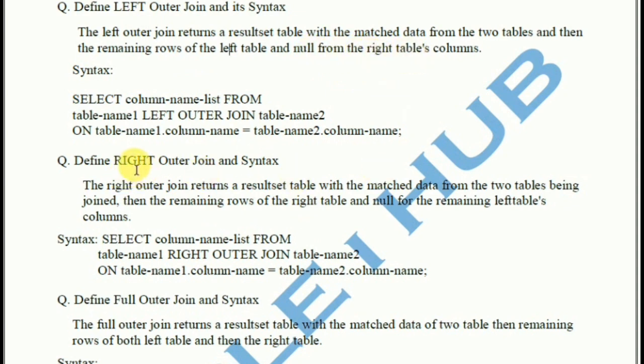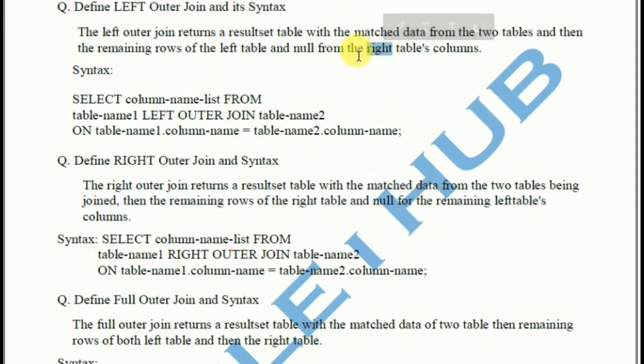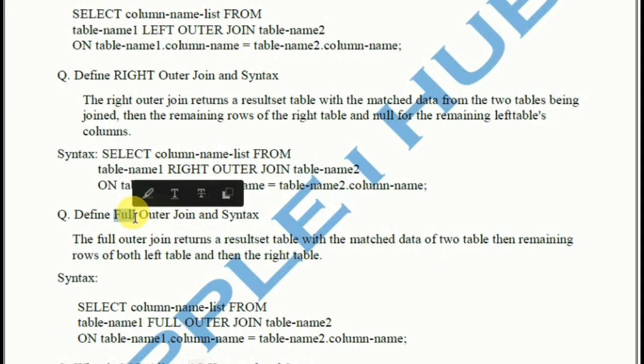In right outer join, null values come from the remaining left table. Here left table values will be taken, here right table values. If both, we can go for the fully outer join. Definitions are a little bit confusing but easy to remember.